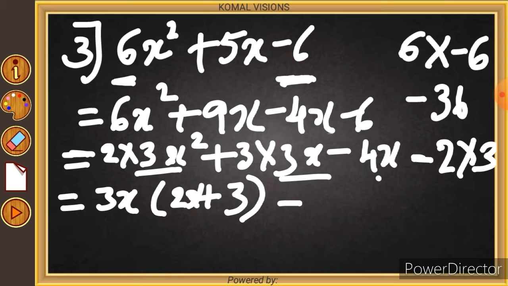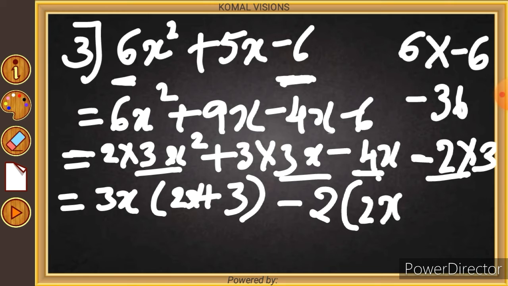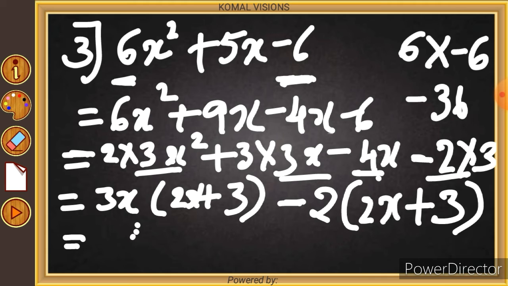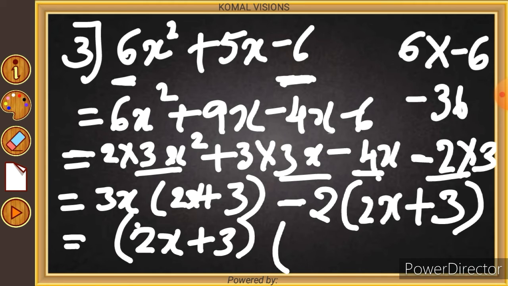And here, I can take 2 common outside because I have 2 and 4 can be written as 2 into 2. So that is why 2x will be left here. And if I take minus 2 common in this step, I'll be left with plus 3 here. So if you observe in these two terms, 2x plus 3 is common. So I'll take it outside. So I'll be left with again 3x minus 2.